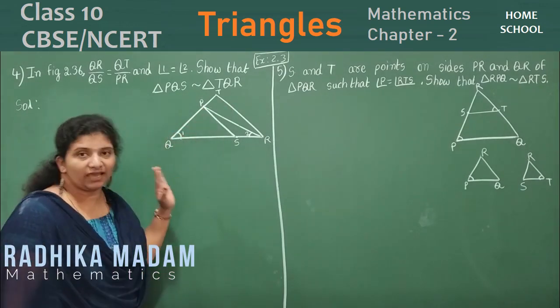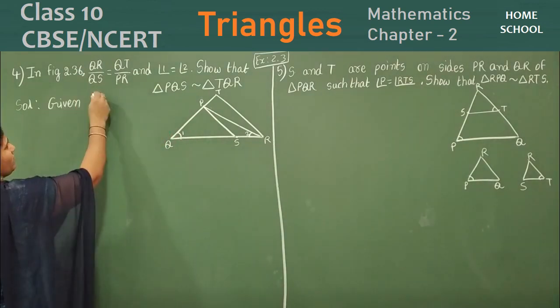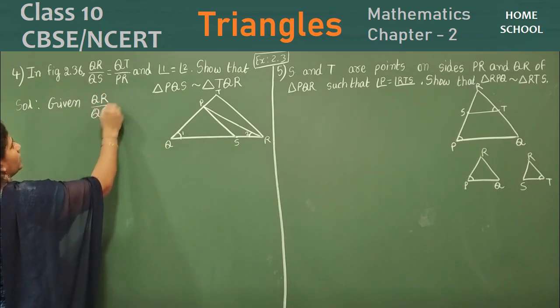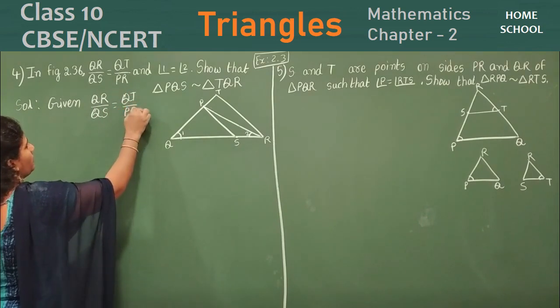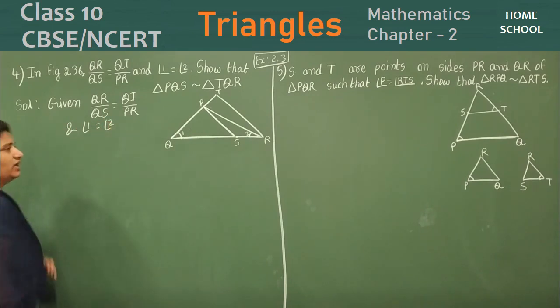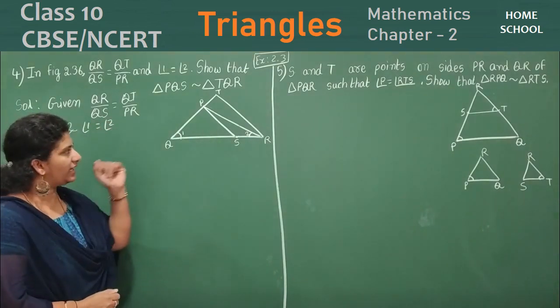So try to observe carefully in this figure. So what have they given here? Given: QR by QS is equal to QT by PR and angle 1 is equal to angle 2. So where are this angle 1 and angle 2?